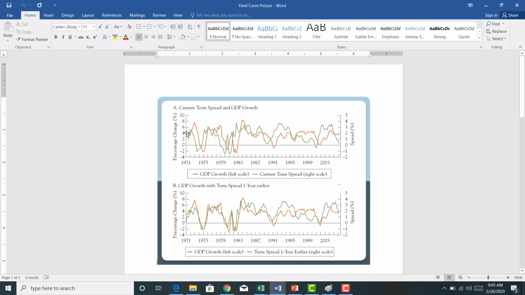In other words, this is measuring the yield curve. The term spread should be positive if the yield curve is upward sloping. And you can see here that over time in the 1970s we had an upward sloping yield curve, and suddenly the yield curve flattened, and it even inverted in 1970, almost 1974, and then it reverted and became upward sloping again.